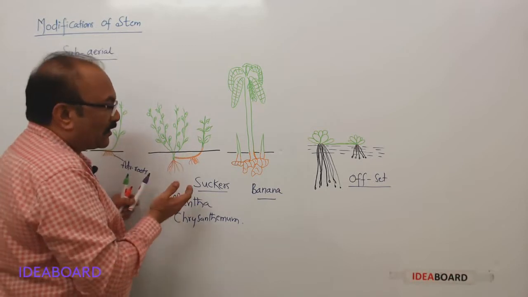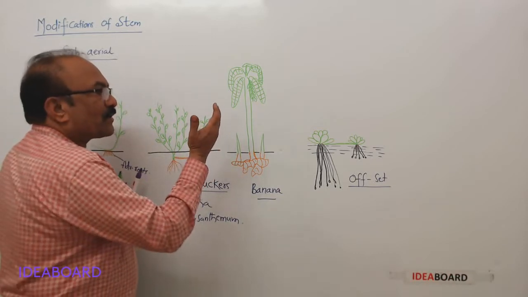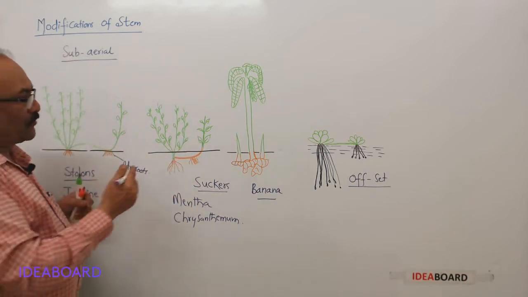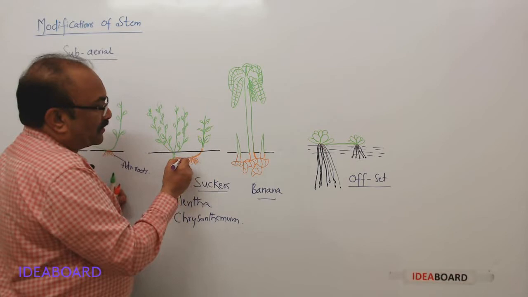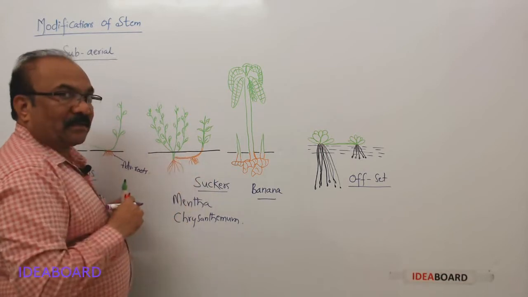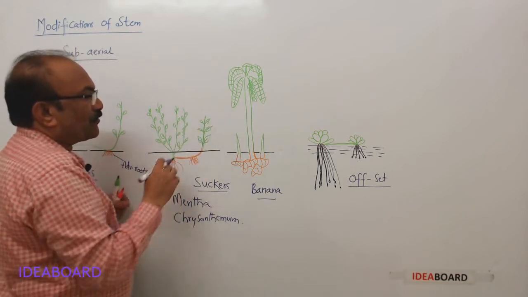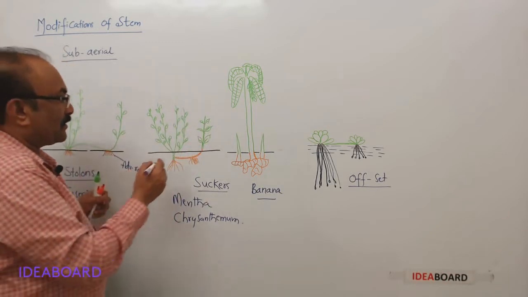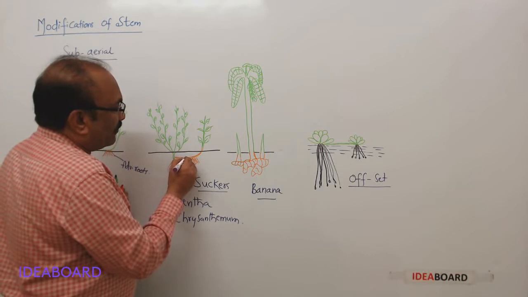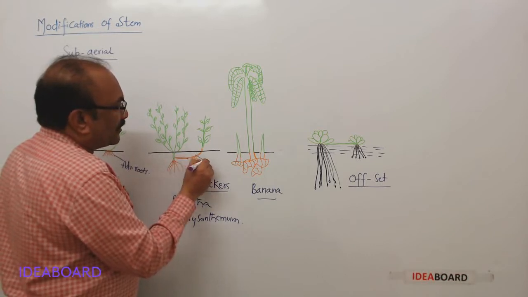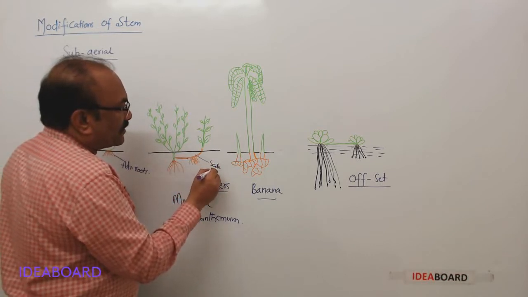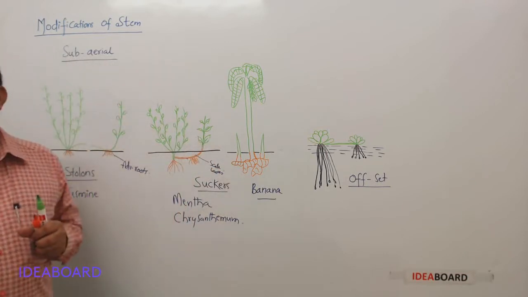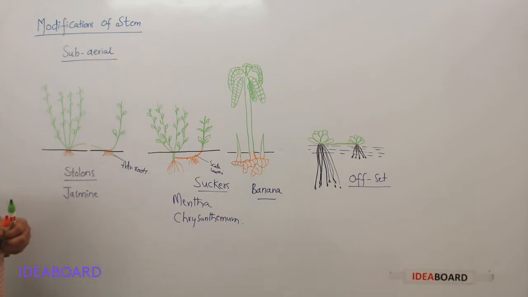It is growing obliquely in upward direction, and you can see I have used different colors. When the portion is in the ground, I have used brown color, and as soon as it comes out, it became green. And when it is in the ground, it will have scale leaves, but as soon as it is exposed, it produces normal foliage leaves or green leaves.